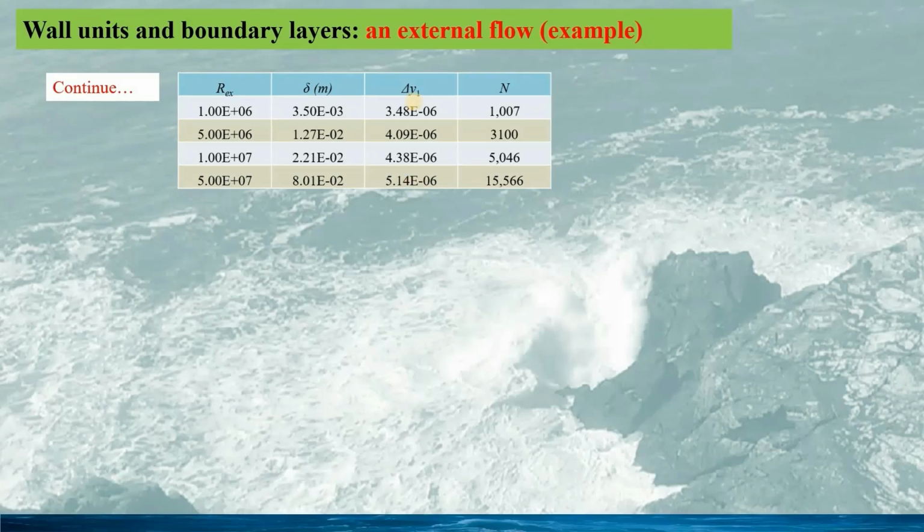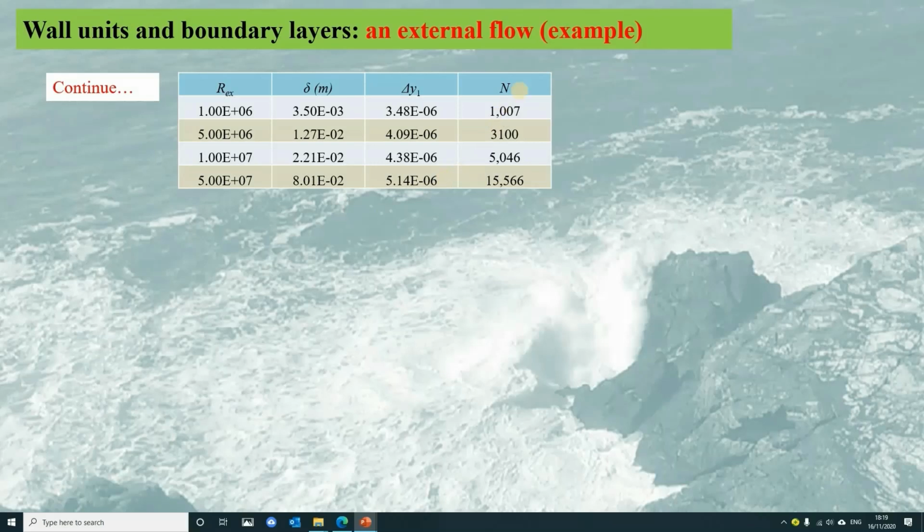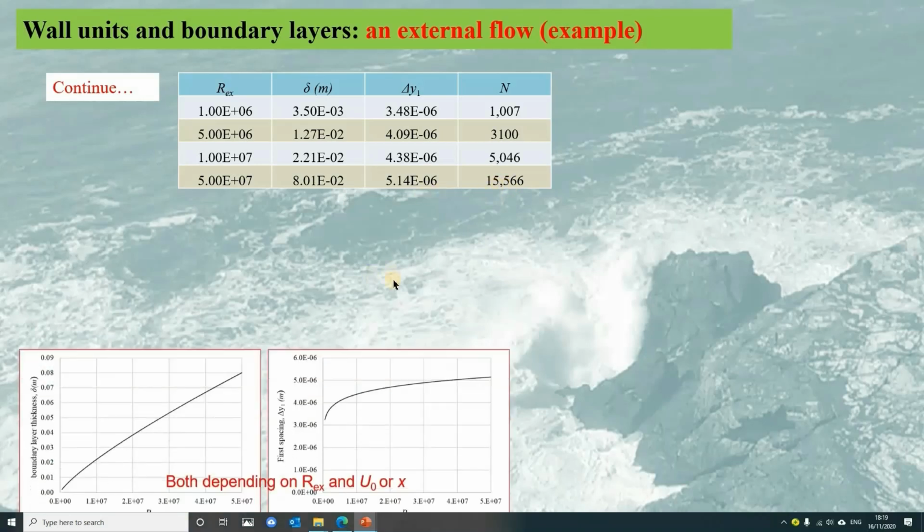Here we notice the unit wall distance delta y1 in this example is from 3.5 to 5 micrometers. So these are very small distances. And the number of the wall units N is increasing very fast.